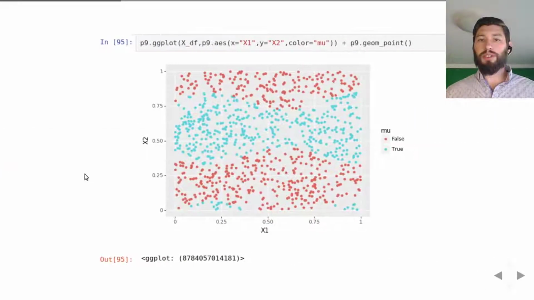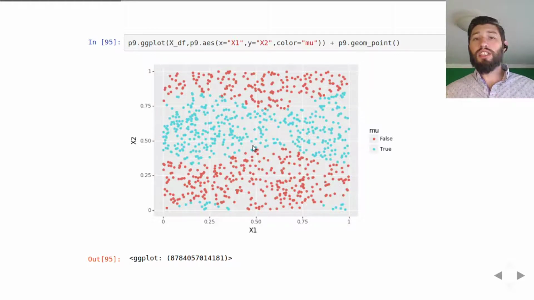So let's visualize it. It's like there's a latent variable, which is whether you're more likely to be in one class or the other. If mu is true, then you're in this blue class, but if mu is false, then you're in this red class for the simulated data.